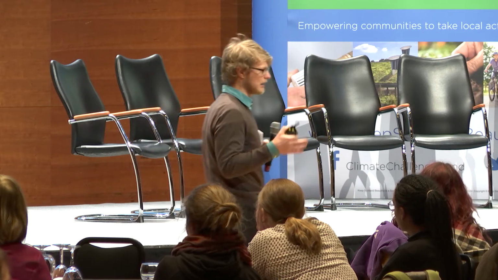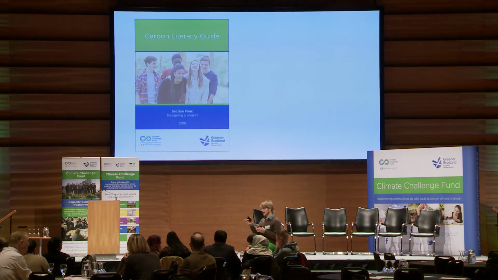Or in your community houses aren't very efficient and people don't have thermostats and they don't understand their bills, so that's where you're going to go in and what you're going to do. And as I said, with this guide, you're likely narrowing down your interest as you go through it. So starting off broadly, but hopefully thinking, which bits of this are most relevant to my community, where are the biggest opportunities for reducing carbon emissions.